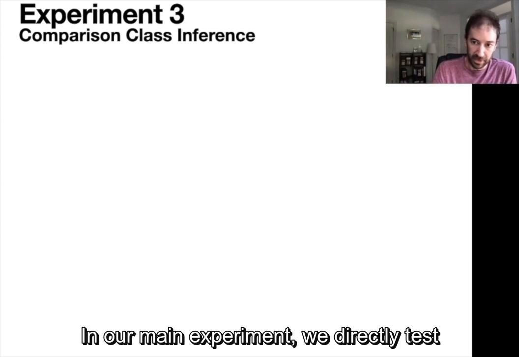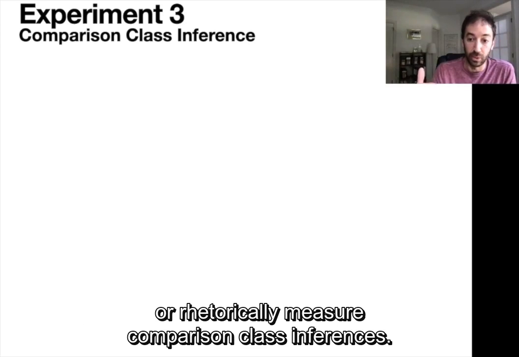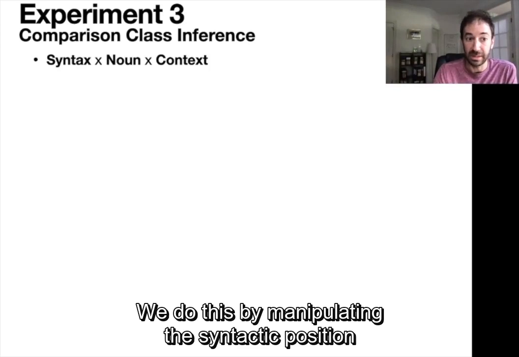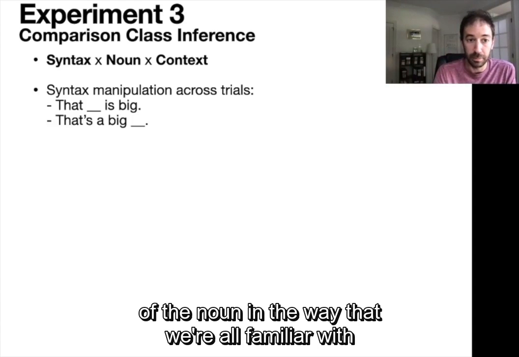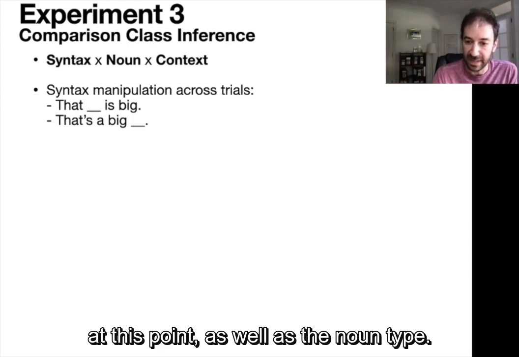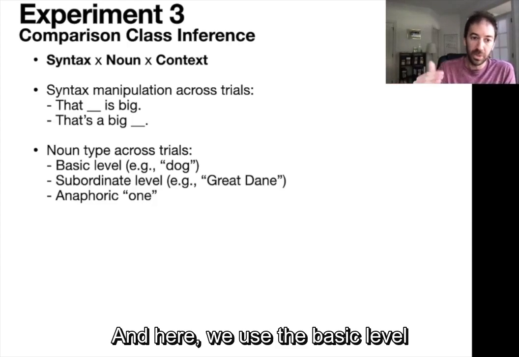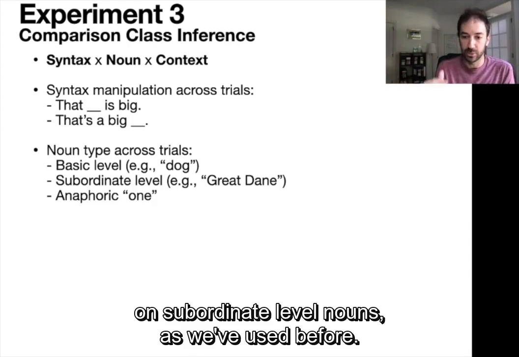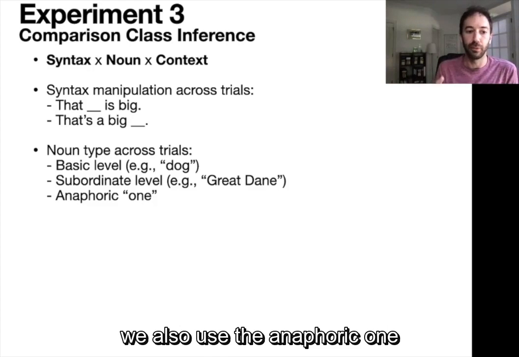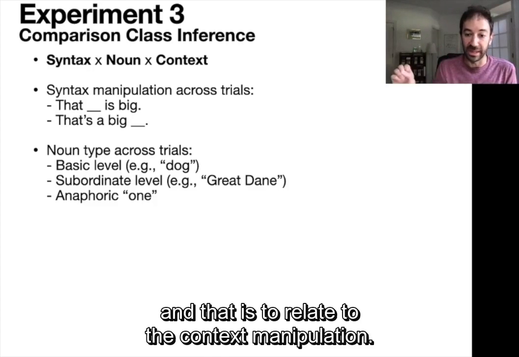In our main experiment, we directly measure comparison class inferences. We do this by manipulating the syntactic position of the noun in the way that we're all familiar with at this point, as well as the noun type. And here we use the basic level and subordinate level nouns as we've used before. We also use the anaphoric one, and that is to relate to the context manipulation.